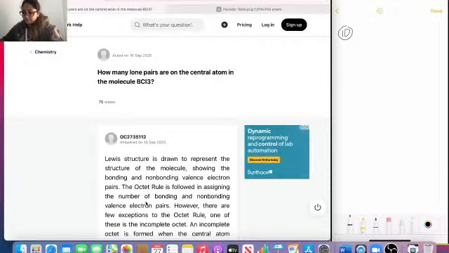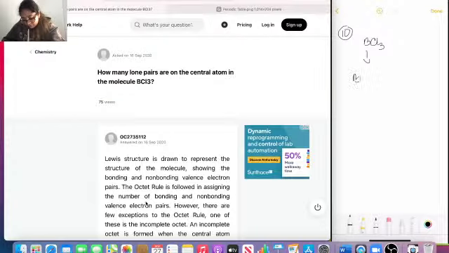Okay, so the next question says, how many lone pairs are on the central atom in the molecule boron chloride, basically? Okay, so BCl3. Okay, and so first, let's say what are the elements in this compound.